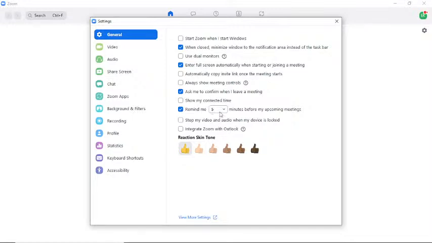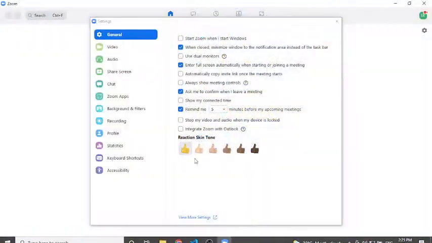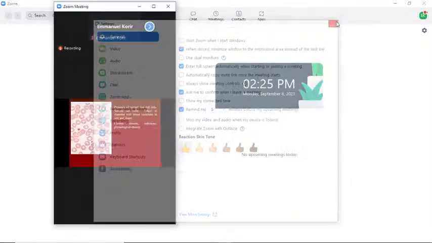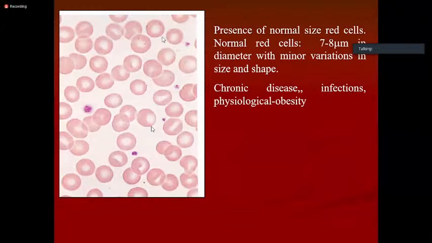Indeed, some call this normocytic anemia anemia of stress. And as I said, you may find normocytosis, which then can progress to normocytic anemia.